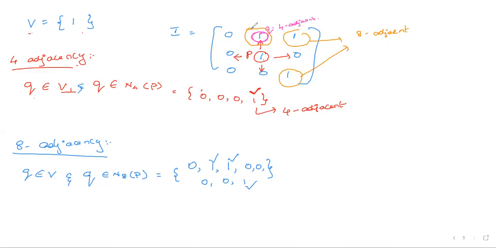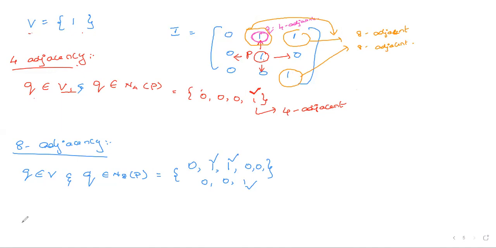These 3 pixels are 8 adjacent, because the values of Q must belong to V. So these 3 pixels only become 8 adjacent. Remaining all are not 8 adjacent.